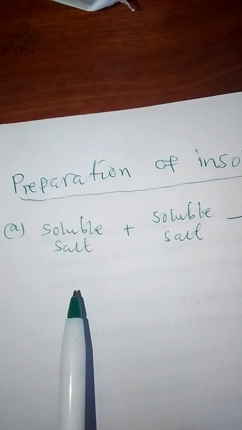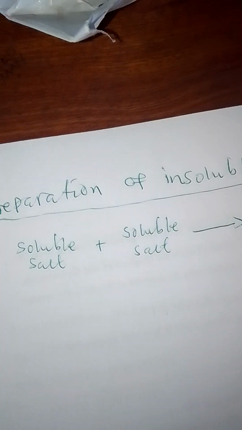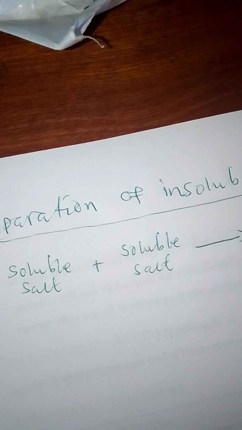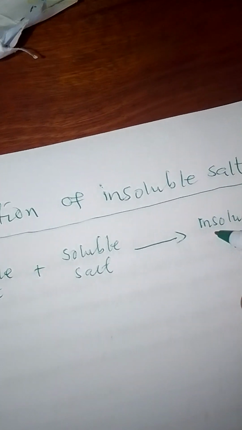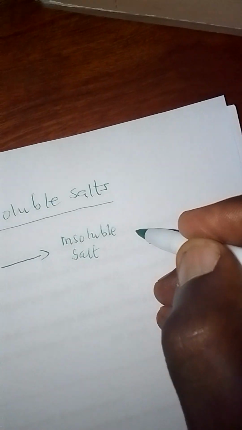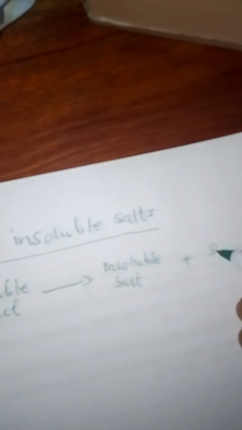If you react two soluble salts, it will give you an insoluble salt plus another soluble salt. This is what we are going to have.